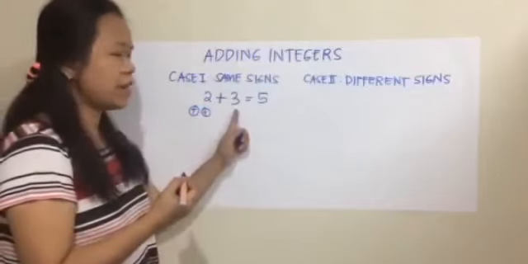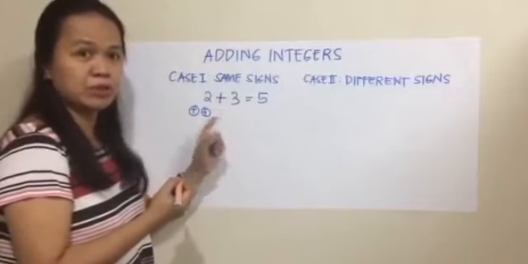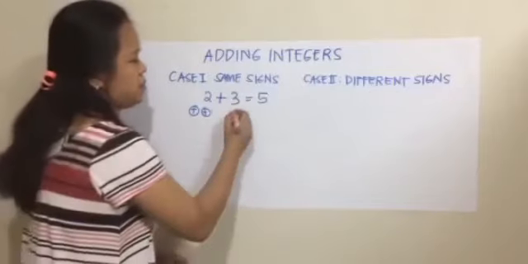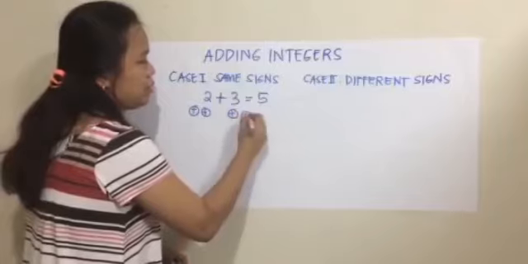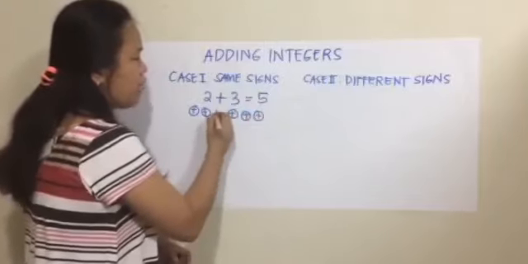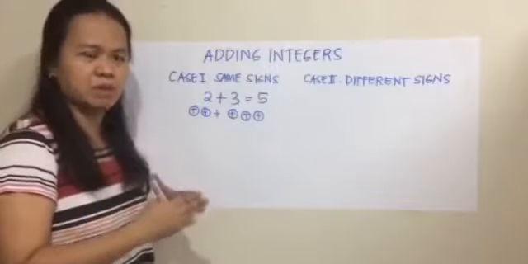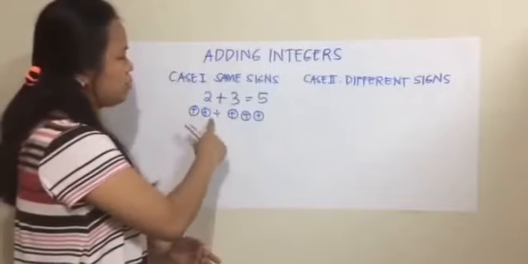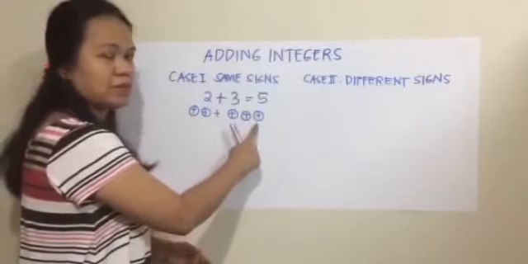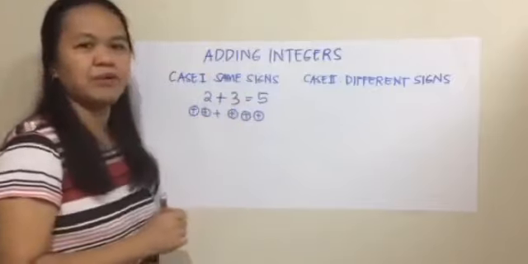And this one is positive 3, so I am going to draw 3 positive chips. So 1, 2, 3. Okay, combine all the chips you have. So how many positive chips you have? So count 1, 2, 3, 4, 5. So your answer is positive 5.